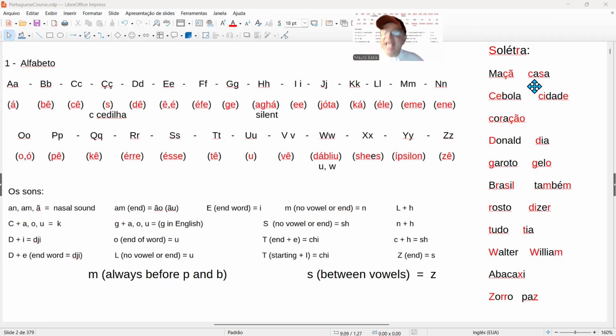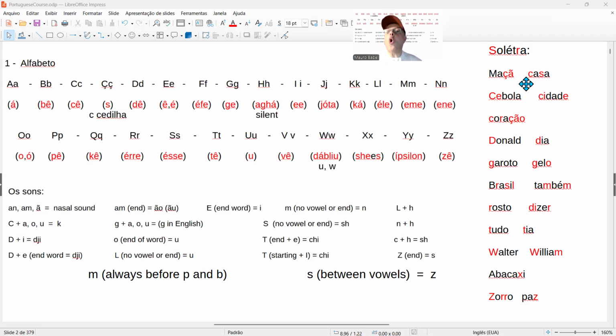CA has the sound of K. CE is the original C sound. Cebola. Look here. C plus A, O, U. C sound.